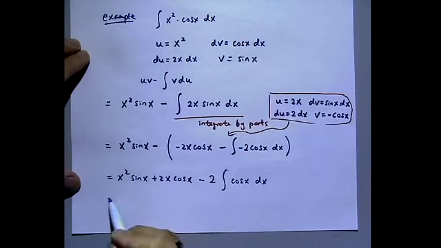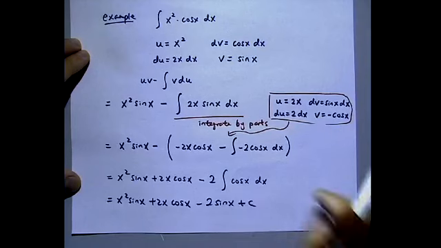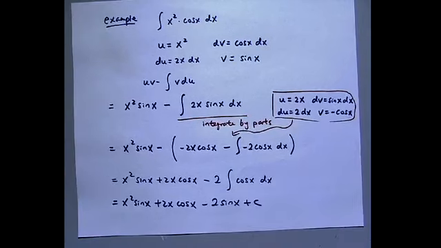Let's see. That would be, let's see, negative 2 sine of x plus some constant of integration.